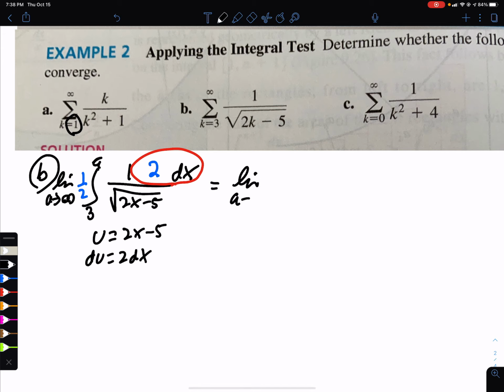So let's continue on here. The top becomes du, and the bottom is radical u. And when I plug a 3 in for x, that's 6 minus 5, that's 1. And I plug in an a for x, that's 2a minus 5.